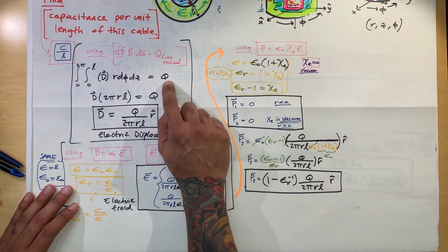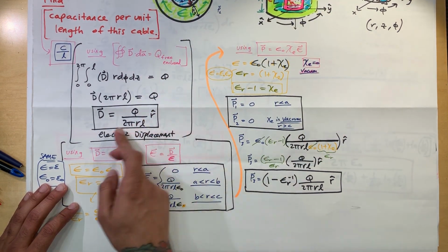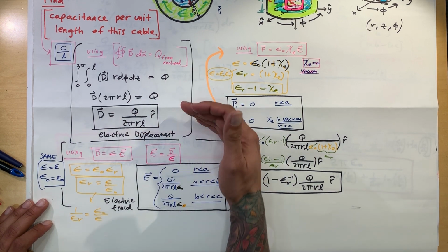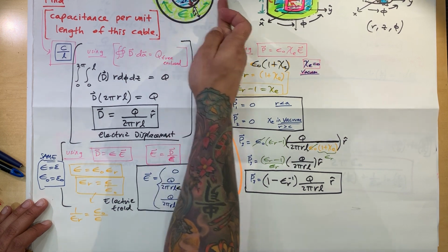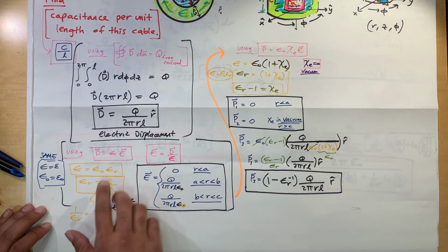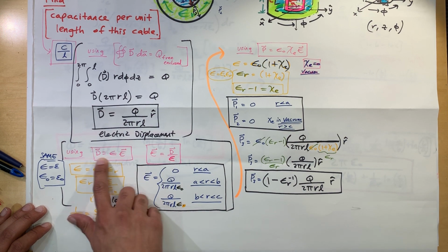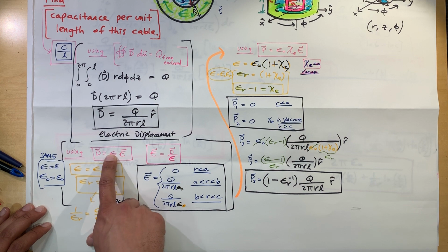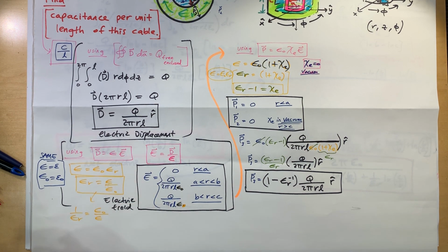Leave a general Q, since there's no charge represented here. This tells you how the flux is associated with the electric displacement in the radial direction, right? And from there, we can use this formula that relates the electric displacement and the electric field with a factor of epsilon, the susceptibility.